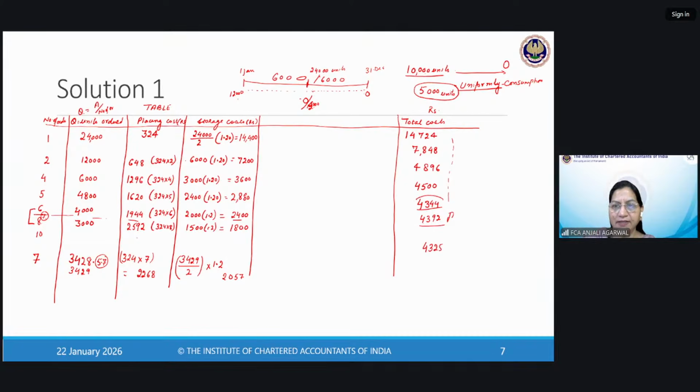It is even less than this. Why did we not get exactly the same answer? Because 324 into 7 is 2268, and 3428.57 is approximated.